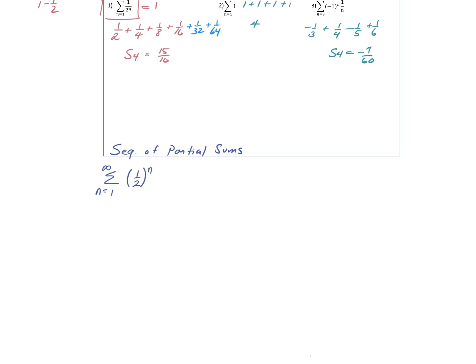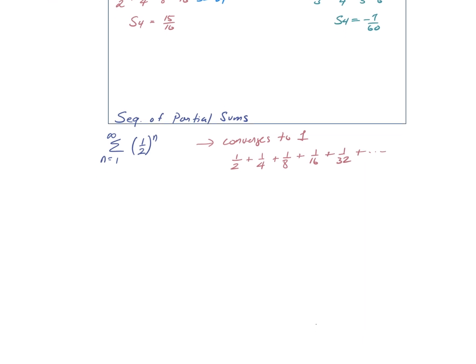We know that this converges to 1. If you plug this in, it's 1/2 plus 1/4 plus 1/8 plus 1 over 16 plus 1 over 32 plus dot dot dot. I know that it converges to 1.